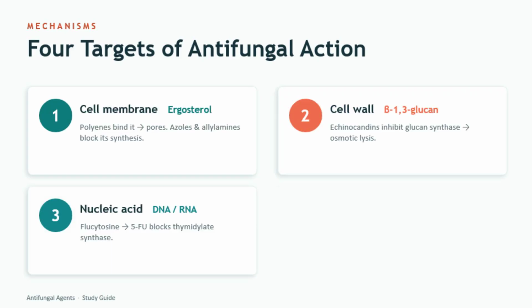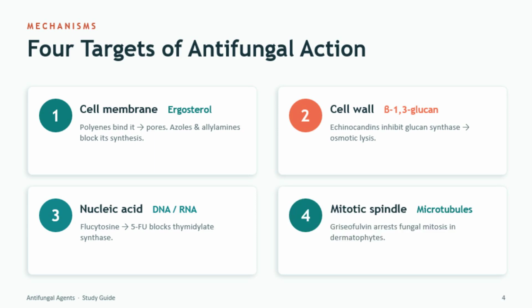Every antifungal we discuss hits one of just 4 targets, so let's map them out now. Target 1 is the cell membrane, specifically ergosterol. Polyenes bind it to punch pores, while azoles and allylamines block its synthesis. Target 2 is the cell wall, the beta-1,3-glucan.